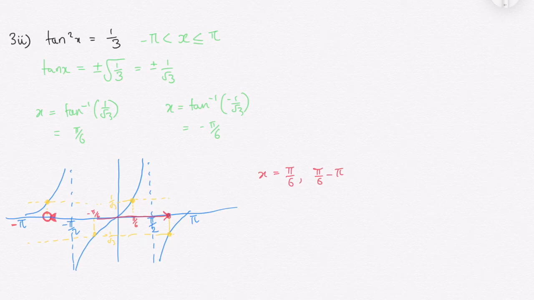So we have x is equal to minus pi over 6, but also minus pi over 6 plus pi. And if we calculate all of those, we get x is equal to plus or minus pi over 6, but also plus or minus 5 pi over 6.